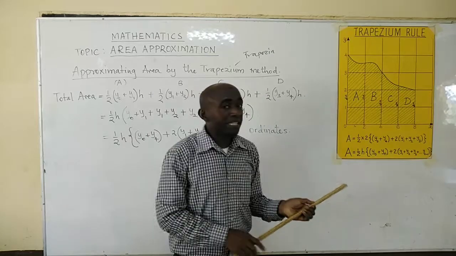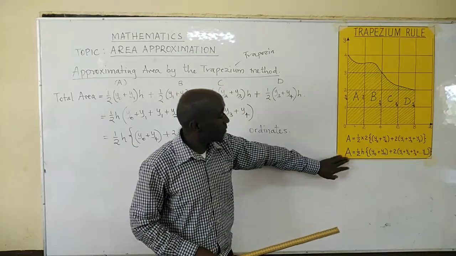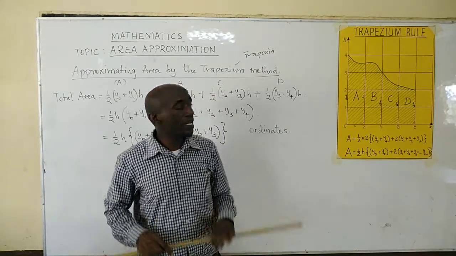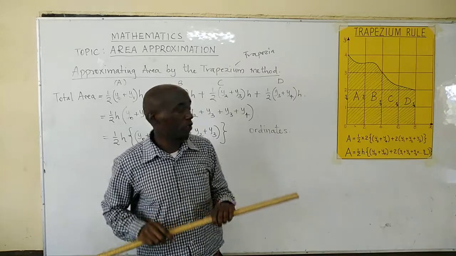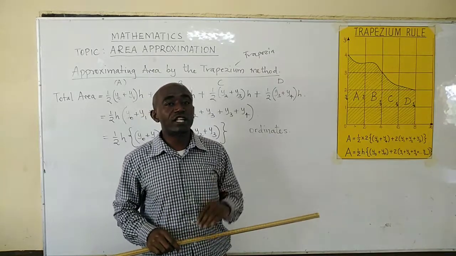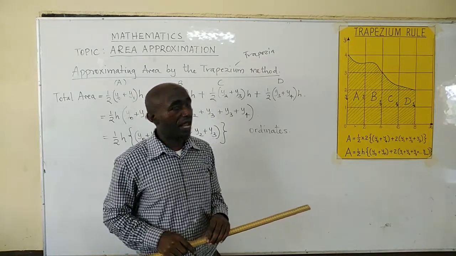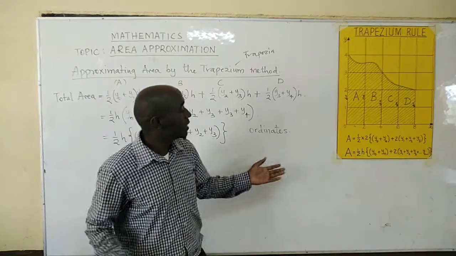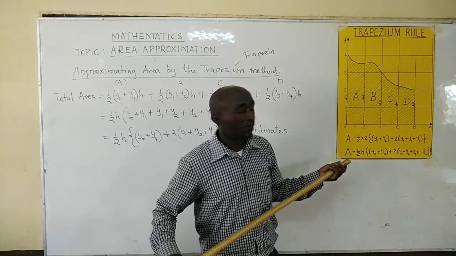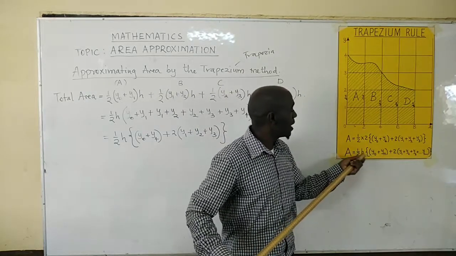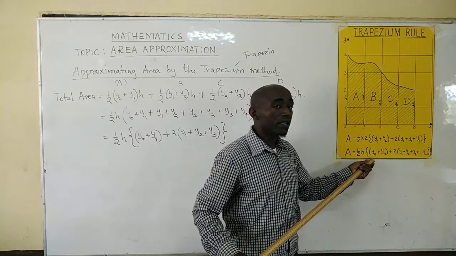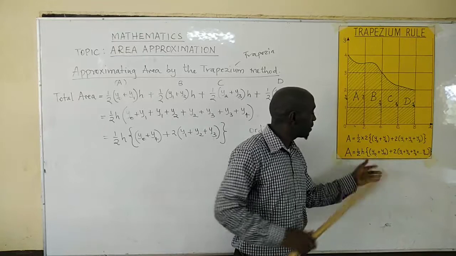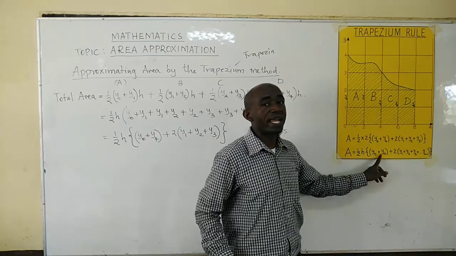Generally now, the second formula which I have written here is the general formula for finding area by the trapezium method, where we have n ordinates. n can be 3, 4, n can be 10. So it will be a half h, open the outer bracket, and inside the brackets we have y0 plus yn.